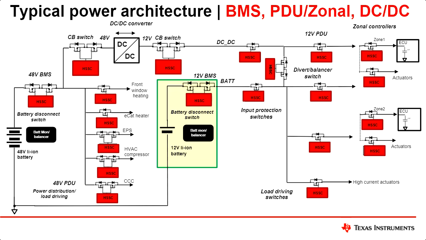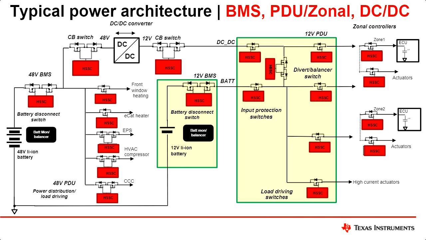So this is just a basic block diagram of the mixed architecture, and wherever we see the opportunities for controllers. All these are going to be high current loads or the disconnect switches in the BMS. First of all, we have the BMS system where we can have a disconnect switch driven by the high side switch controller, which is near the battery.